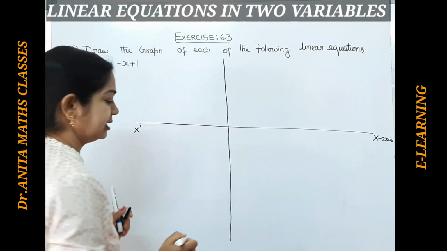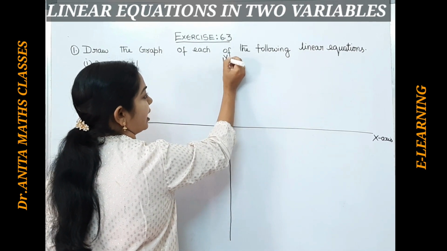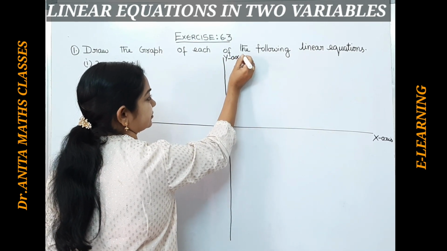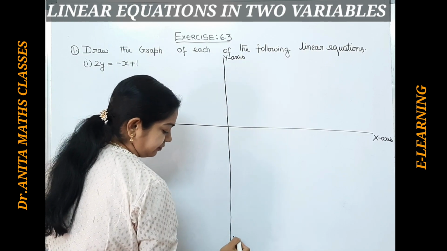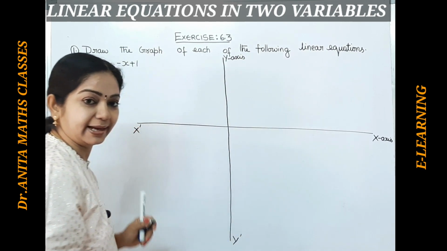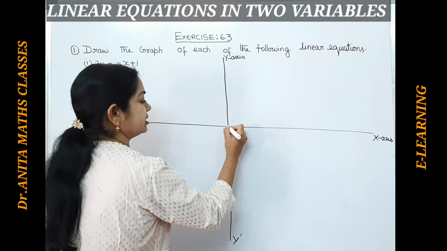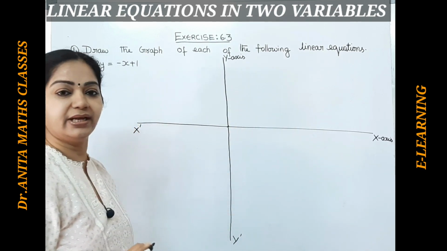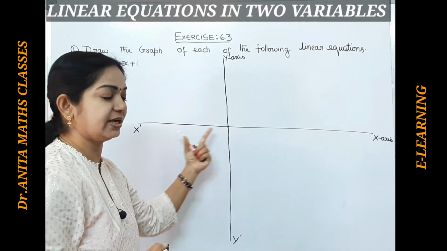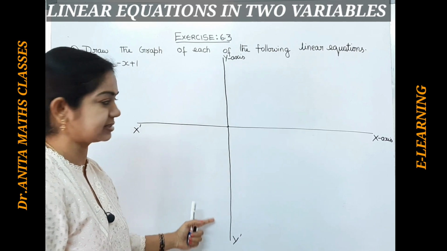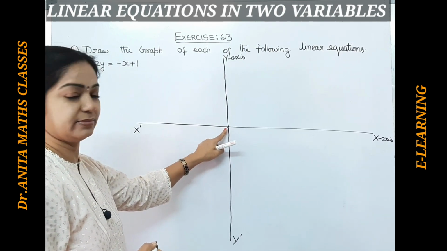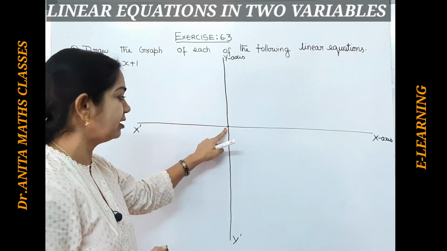This is the y axis and this is the negative y axis, we mention it as y dash. The origin is the intersecting point of the coordinate axes, the x axis and the y axis, that is 0, 0.